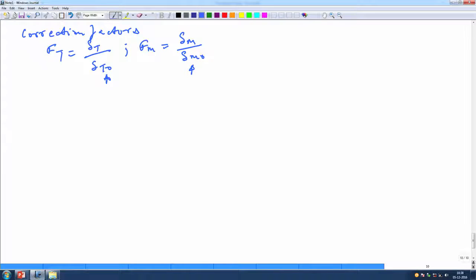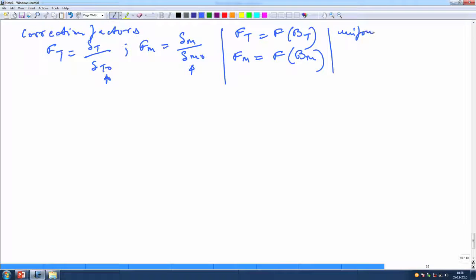Now, if we assume that the distributions of temperature and fuel vapor are uniform across the droplet surface, we can safely say that F_T is basically a function of the Spalding heat transfer number B_T, and F_M is basically a function of B_M, that is the mass transfer number. This happens because we have uniform temperature and fuel vapor concentration along the droplet surface.